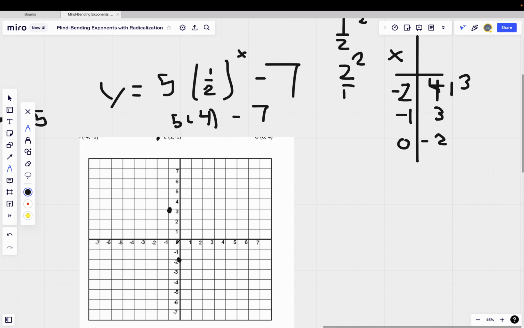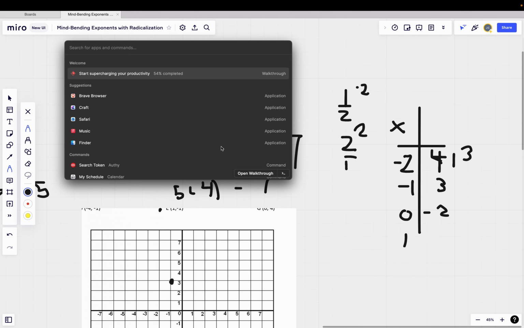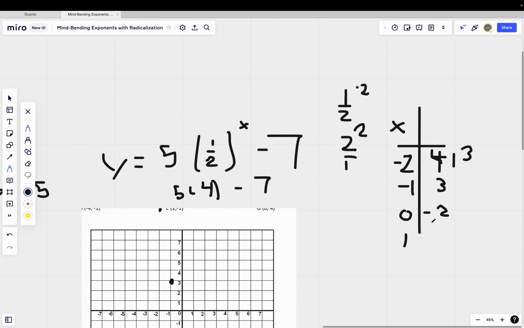Now we've got to the first power, so 1/2 to the first power would just be 1/2, and then 1/2 times 5 is 2.5, and then 2.5 minus 7 is negative 4.5.